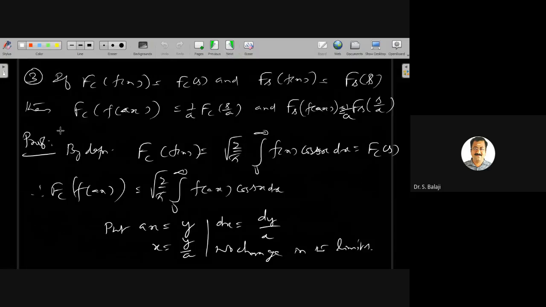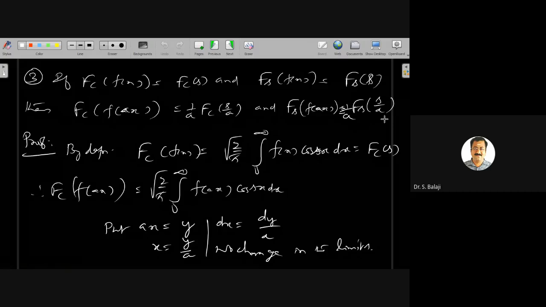Right. Third property. If the Fourier cosine transform of f of x equals Fc of s, and the Fourier sine transform of f of x equals Fs of s, then the Fourier cosine transform of f of ax equals 1 by a Fc of s by a, and the Fourier sine transform of f of ax equals 1 by a Fs of s by a.